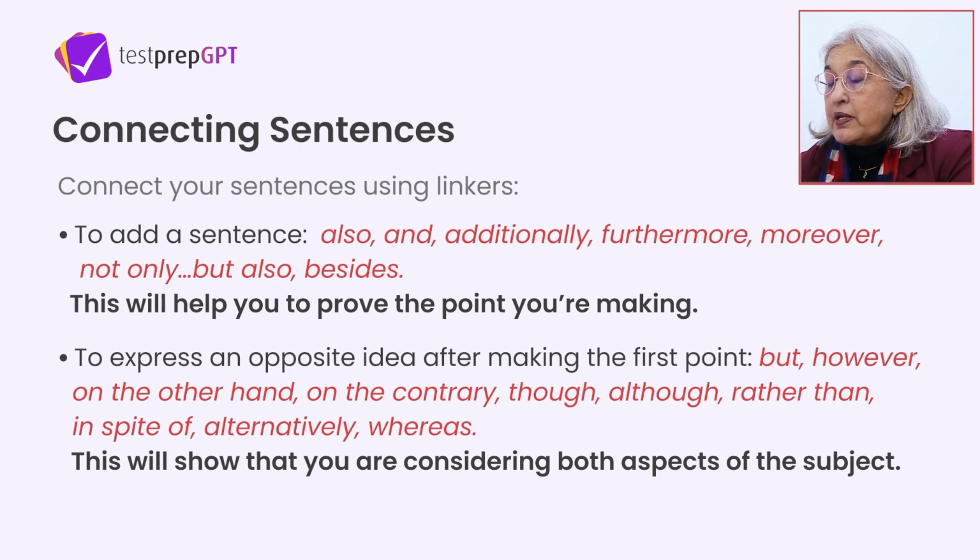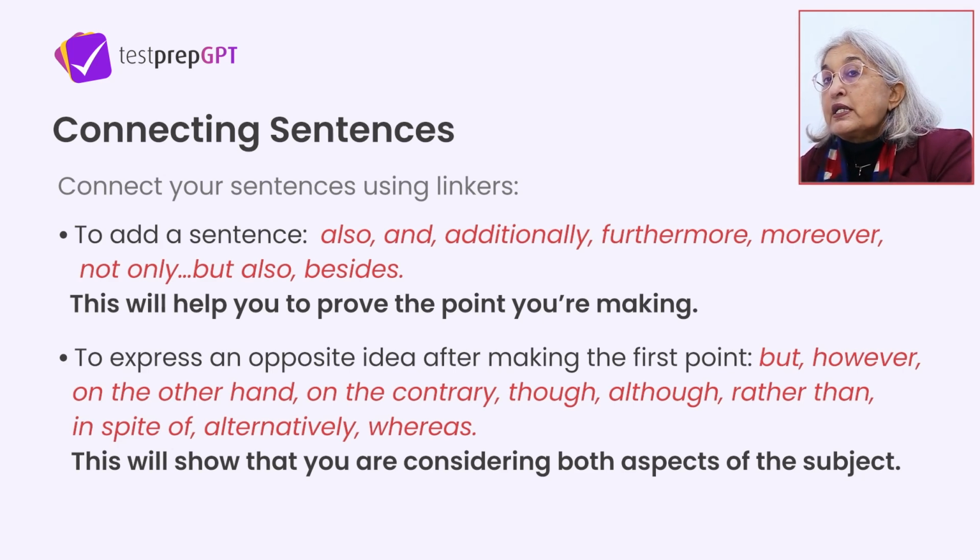When you want to point some opposition, you would say rather than. So rather than buy expensive books, a person may use a library. So listen to this sentence. Rather than buy expensive books, a person may use a library.